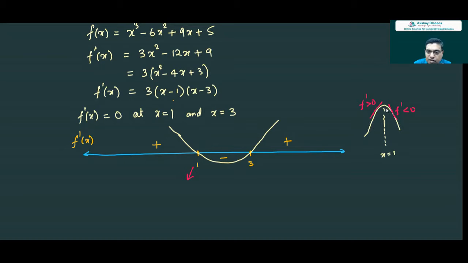That can happen only when this is the point of maximum. We know that at f dash x equal to 0 there has to be a maximum or minimum. At this particular point f dash x is 0, and f dash x changes its sign from positive to negative. Therefore, it is a point of maximum.